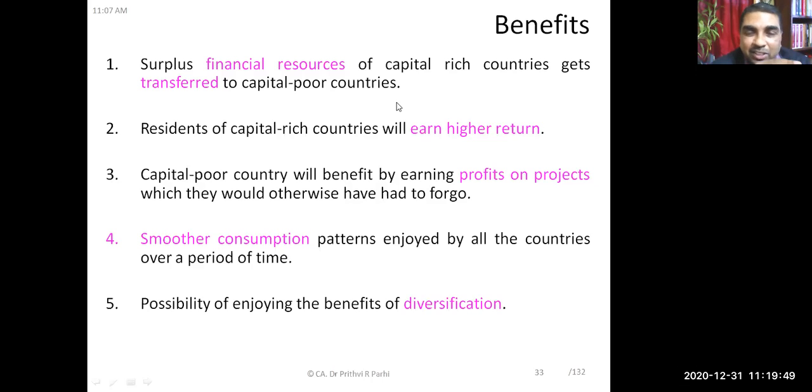Capital rich country people will get more interest, and capital poor country will pay less interest and get money which will be available for doing business.